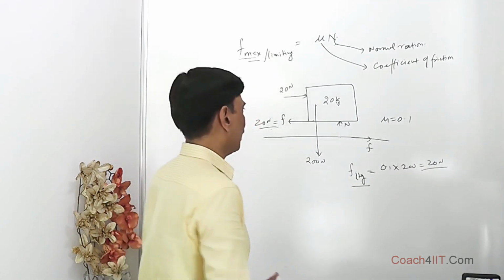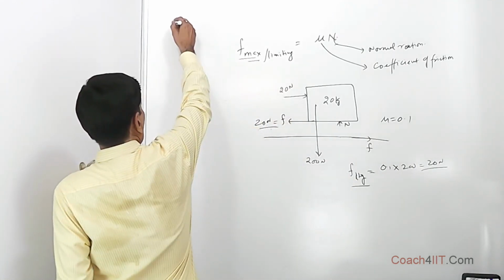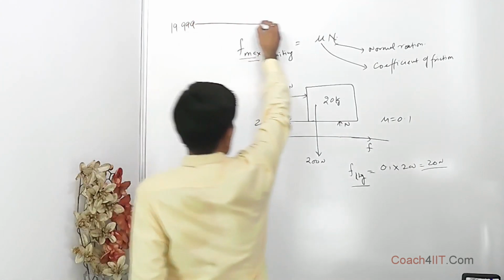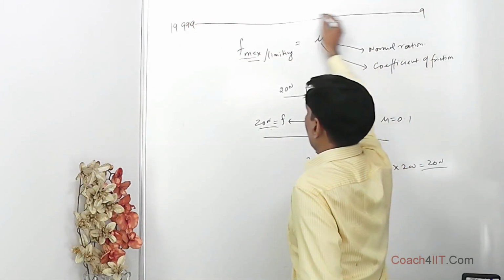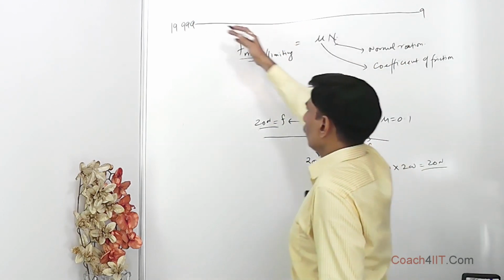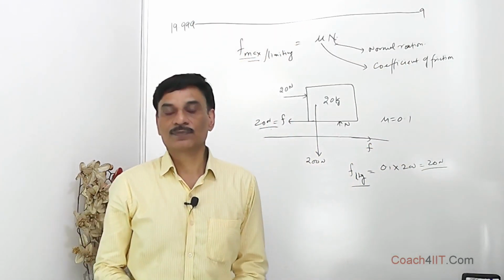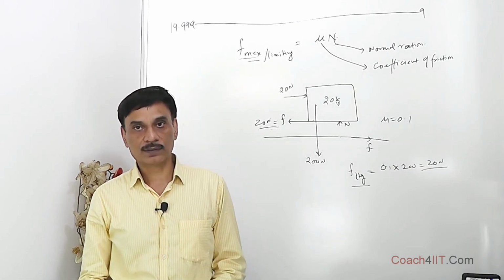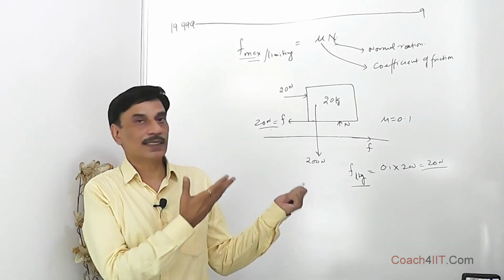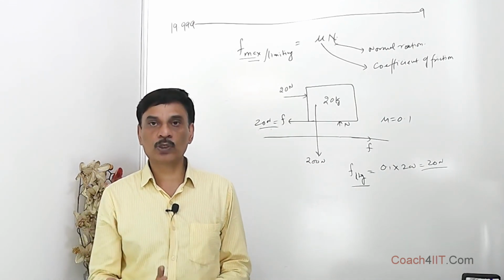So when we say we are applying a force of 20 Newton, this force could be 19.9999 and so many nines, 10 lakh nines, then 1 million nines over here and then 9, which is obviously less than 20. Whatsoever smaller it may be, it is less than 20 Newton, but certainly it is almost equal to 20 Newton.